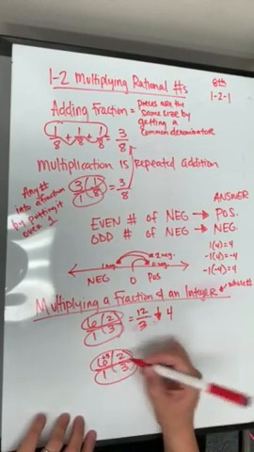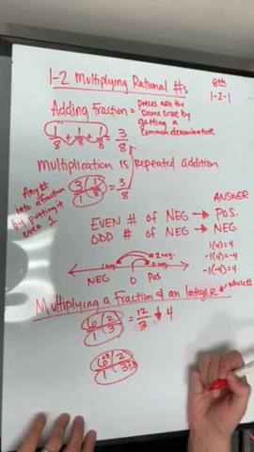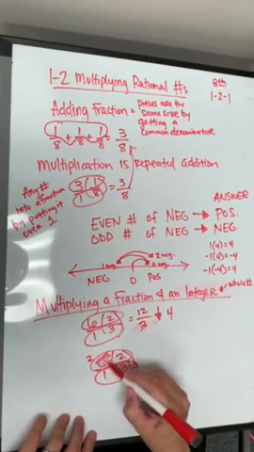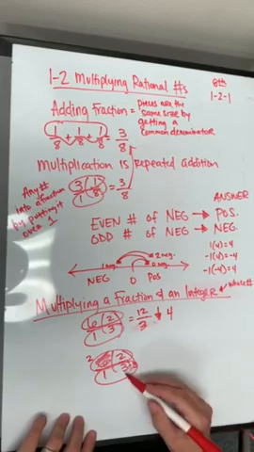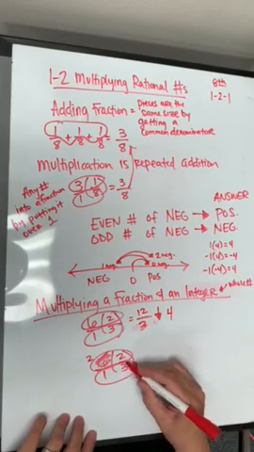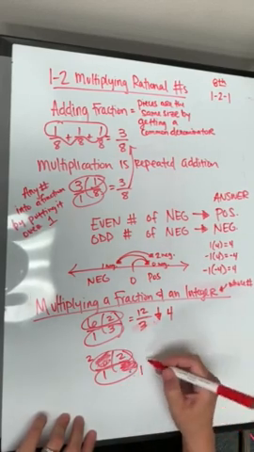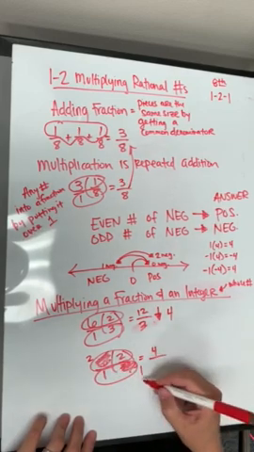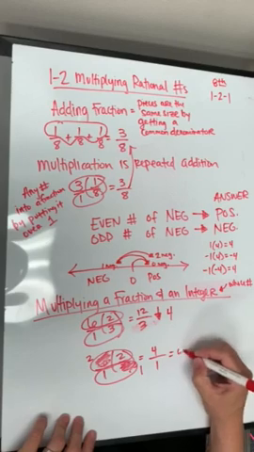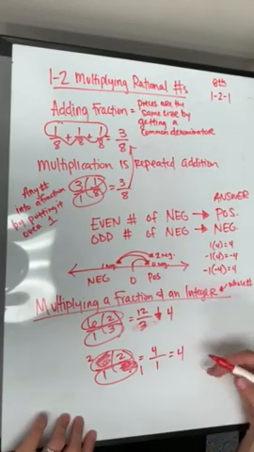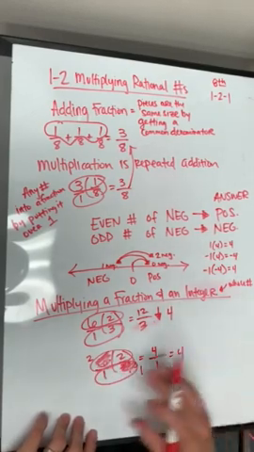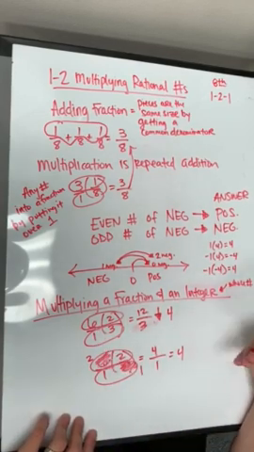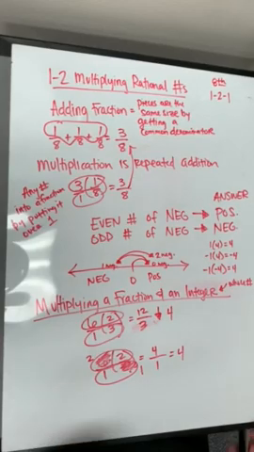If I divide this by 3, and this by 3, I know 6 divided by 3 is 2. So I now have 2 there, and I'm no longer working with that. And 3 divided by 3 is 1. I get 2 times 2 is 4 over 1 times 1 is 1, and anything over 1 is really just that whole number. So either way, if cross-canceling is easier for you, go ahead and do it. If this makes more sense and you can just simplify in the end, you can go ahead and do that. You're going to do a couple of them.